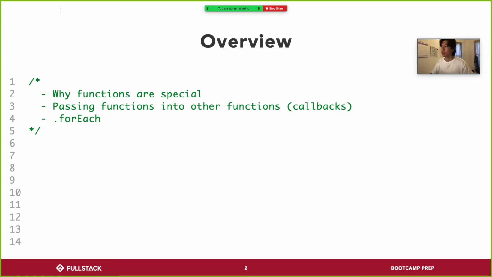We've been used to passing numbers into functions as parameters, or strings, or booleans, objects, arrays, but we haven't really encountered passing functions into other functions. So a function that takes in a function as a parameter, as opposed to a string or something, is called a higher order function.